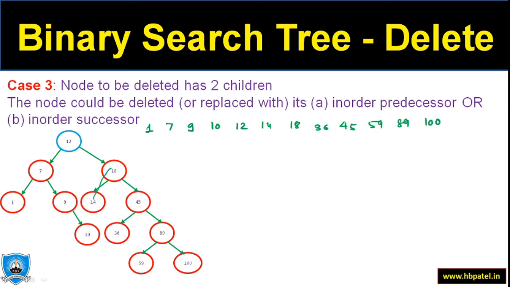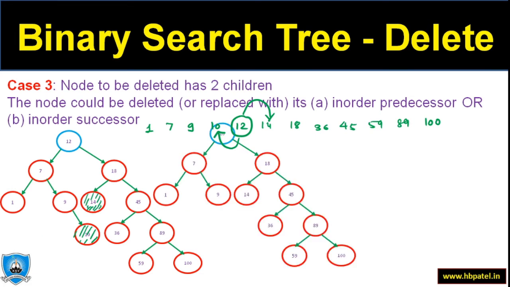So this is the in-order traversal, and what I want to delete is 12. Now there are two options. Either you can take the left hand side, that is the in-order predecessor, 10, or you can replace 12 by the in-order successor, 14. So you can do these two different things. Either you can replace this 12 by this 10, or you can replace the 12 by this 14.